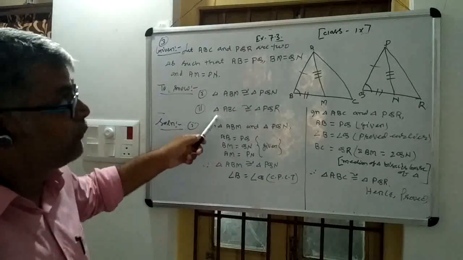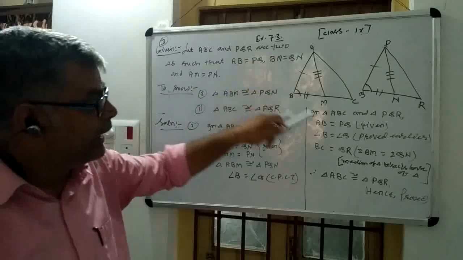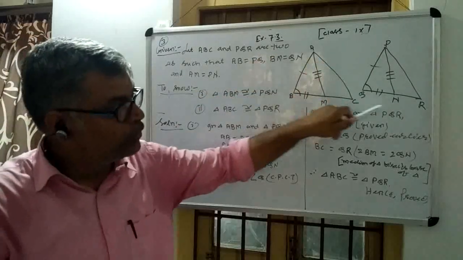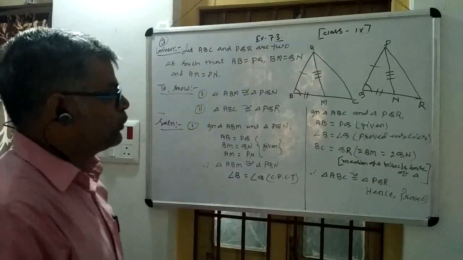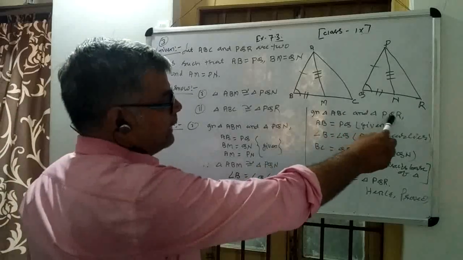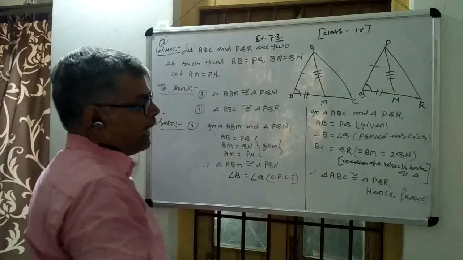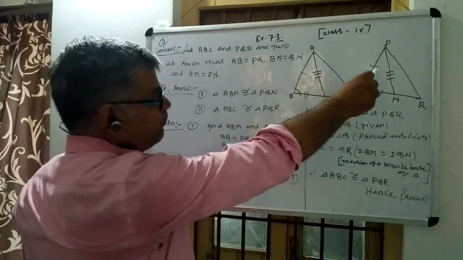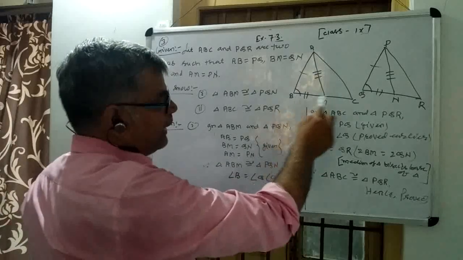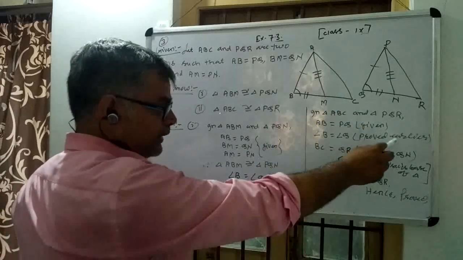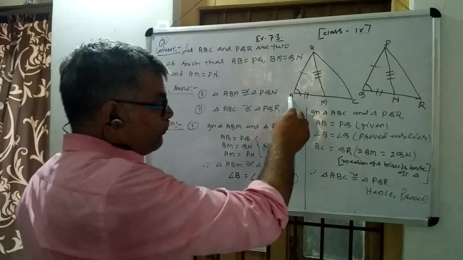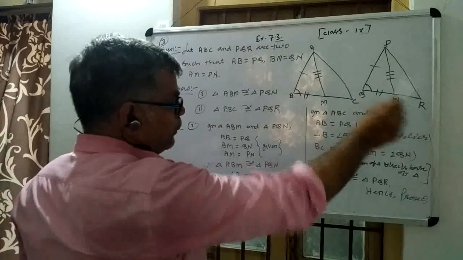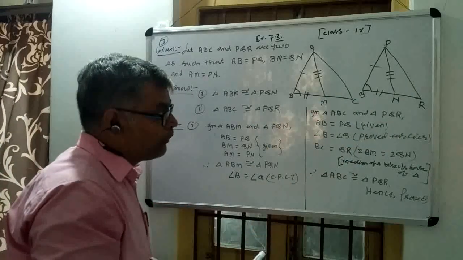Now in the second part, we need to prove whole triangle ABC is congruent to triangle PQR. So in triangle ABC and triangle PQR, we have AB equals PQ and angle B is equal to angle Q, which is proved earlier. Now BC equals QR. Why BC equals QR?